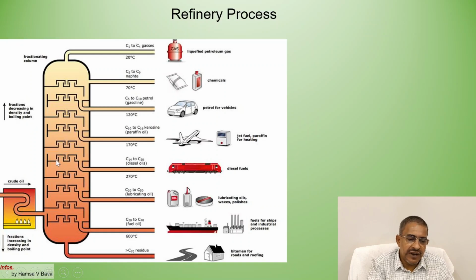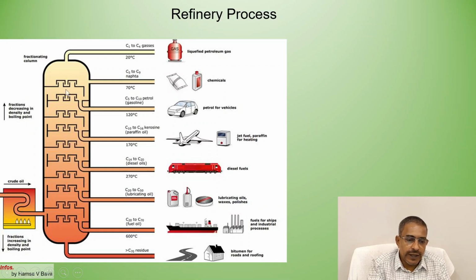That is the very simple definition. So crude oil is heated here and enters a distillation column. The distillation column I have already explained in previous videos. Otherwise we will do a separate video on the refinery process. Soon we will do that.